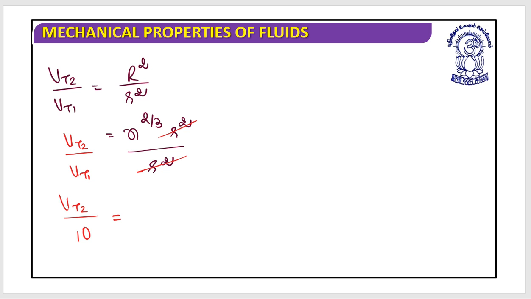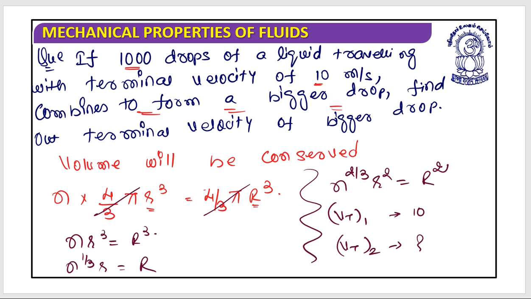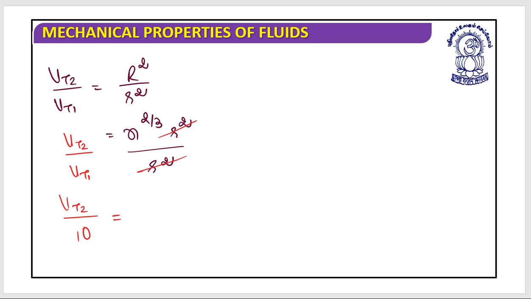This is equal to n to the power 2/3, and n is 1,000 in my case. So this is 1,000 to the power 2/3, which is 10 to the square, 100 into 10, equal to Vt2, which is 1000 meter per second. This is the terminal velocity of the bigger drop.